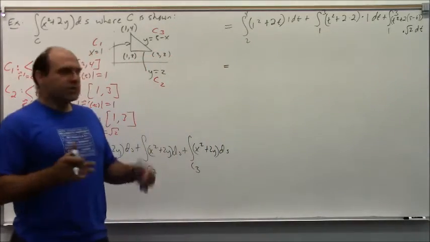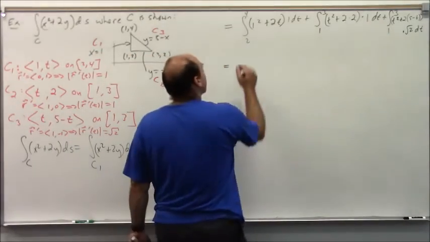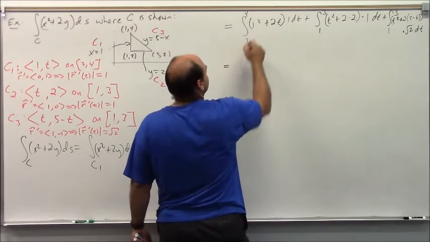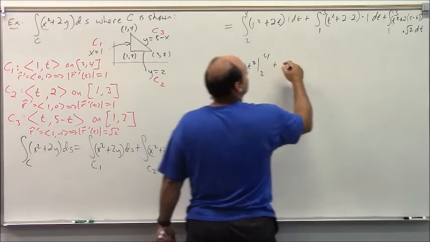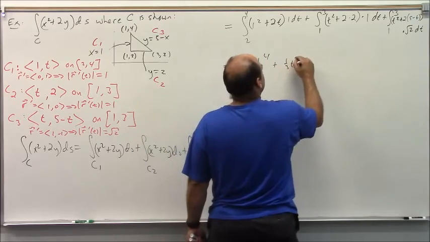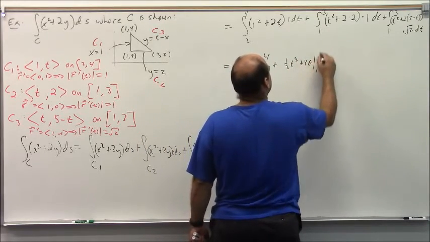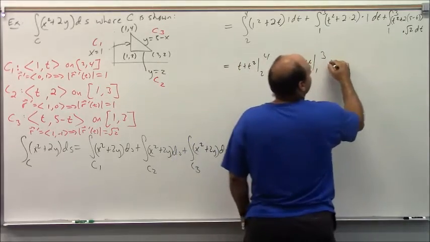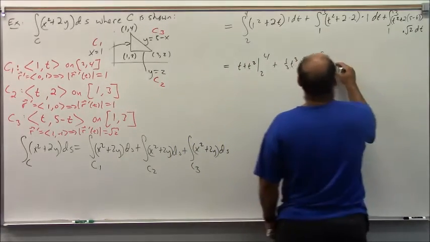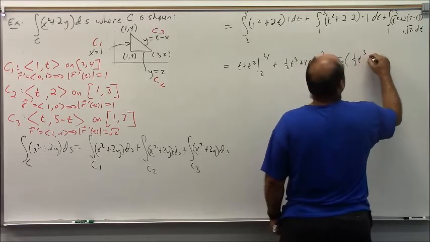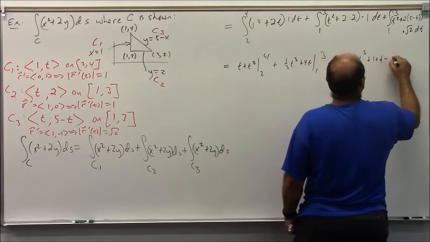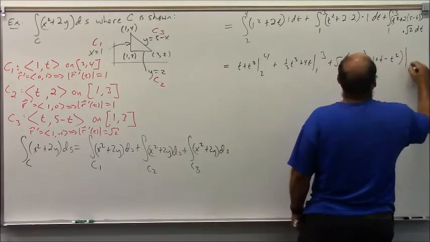And now it's just a question of doing these Calc 1 integrals. I have, let's see here, t plus t squared from 2 to 4, plus 1/3 t cubed plus 4t from 1 to 3, plus root 2 times 1/3 t cubed plus 10t minus t squared from 1 to 3.